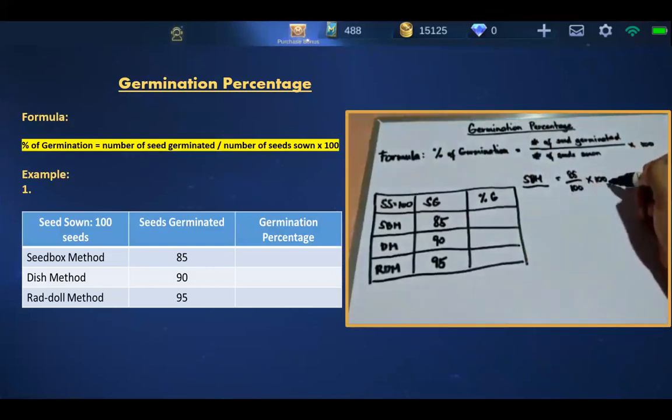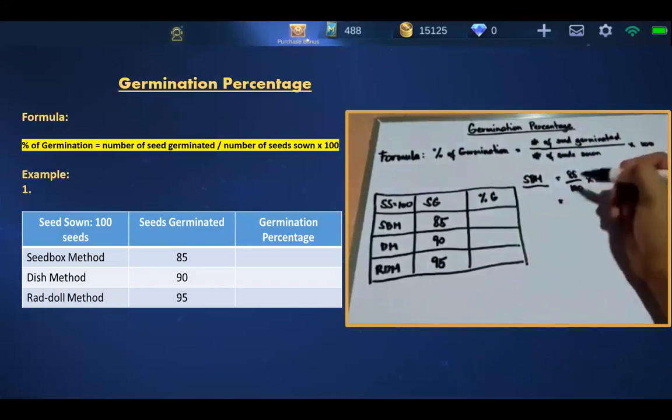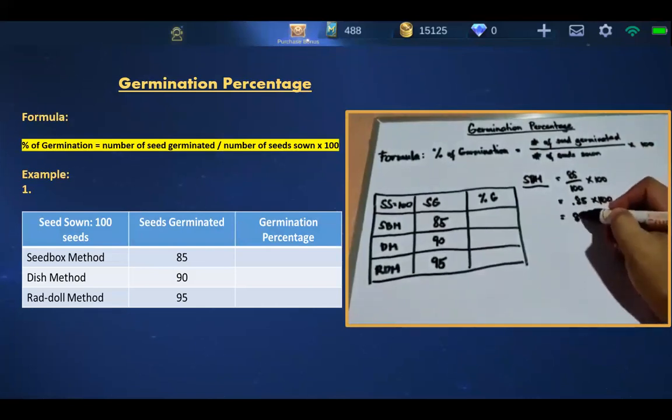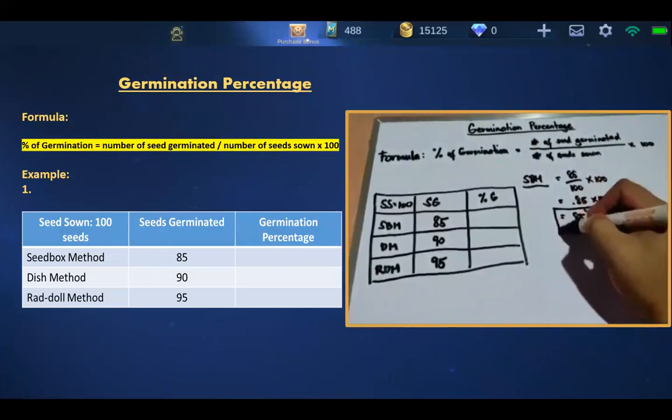So 100 is constant. 85 divided by 100 is 0.85, times 100. So the answer is 85%.